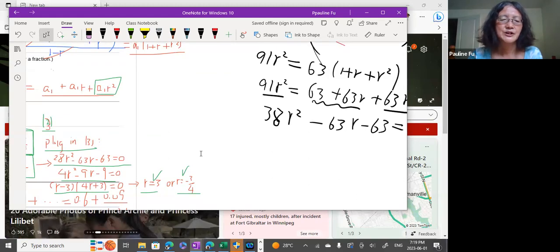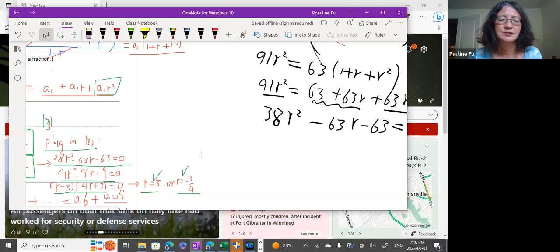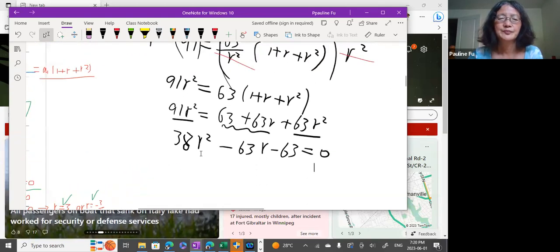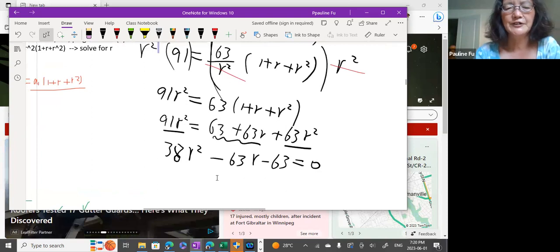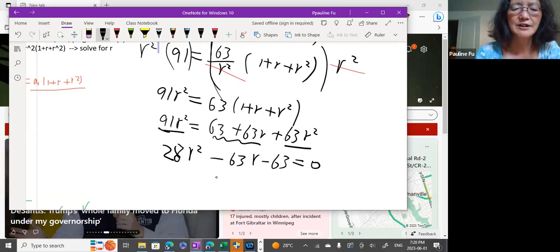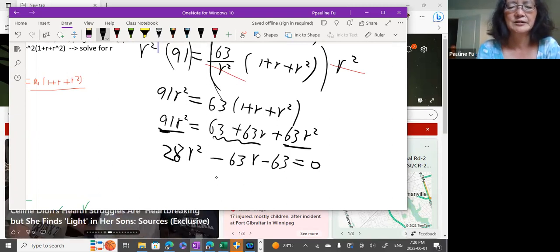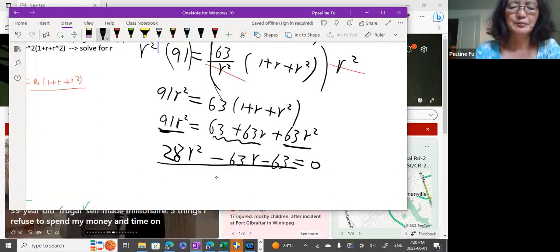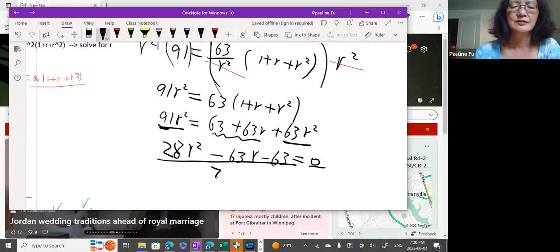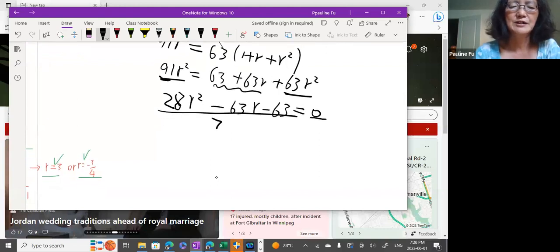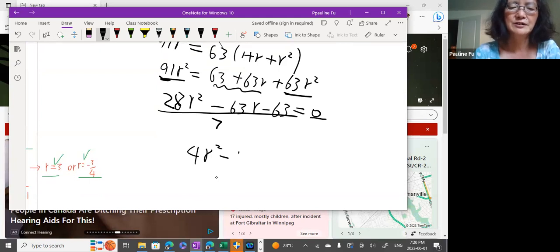I need to double check something. 91 minus 63, not 38, sorry, it is 28. And then you divide the equation by 7. So 28 divided by 7, we got 4. 63 divided by 7 is 9.